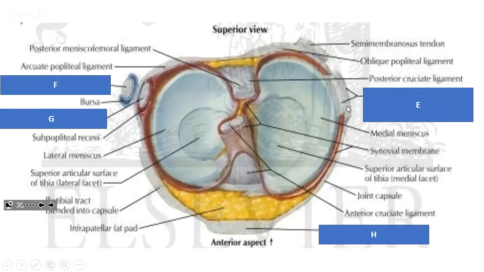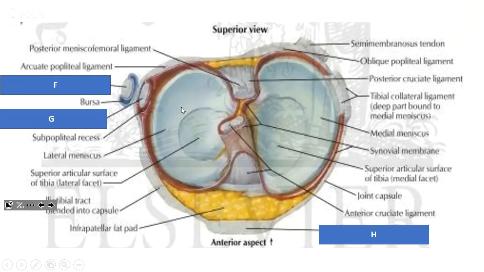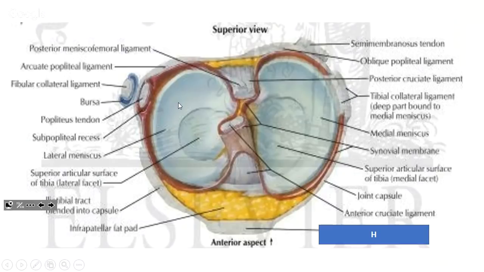And this is the MCL, because you can see it's attaching to the medial meniscus. And this is the popliteal tendon. Sorry, this is the fibular collateral ligament, so the popliteal tendon separates it. And in front, you've got the patella and the quadriceps tendon attaching to the patellar ligament. The patellar ligament is just below the patella and is part of the quadriceps tendon.